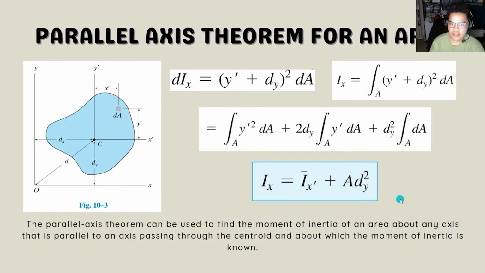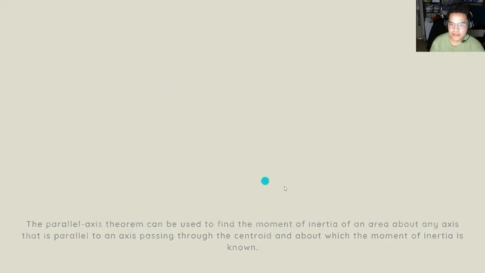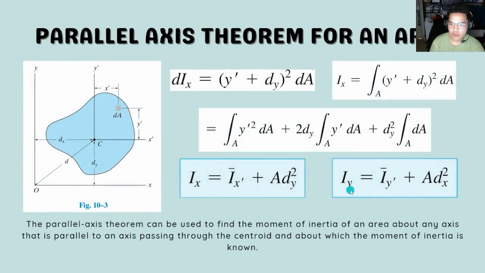A similar expression can be written for I sub y, which is equal to I bar sub y prime plus A times d sub x squared.